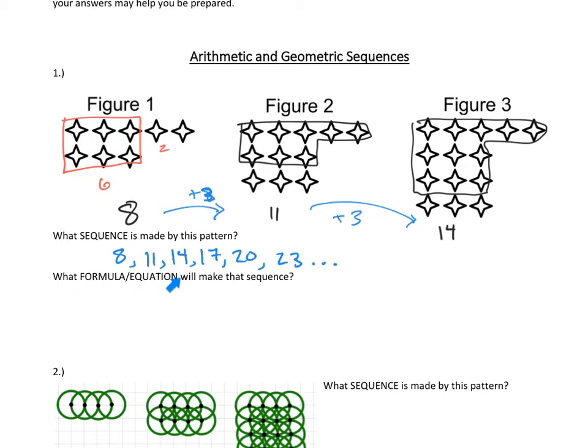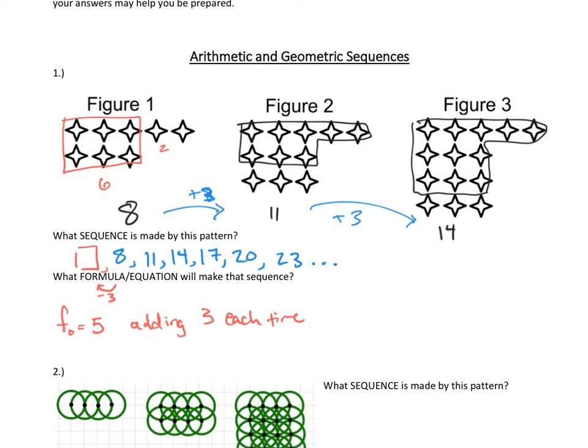Okay, and then a formula or equation for this. Remember, to get the formula or equation, we need that 0th number, so like whatever thing would be right here if we went backward one. And if you did 8 and you subtracted 3, that would get us 5. So if we call this f of 0, and then when I'm adding, I'm adding 3 each time.